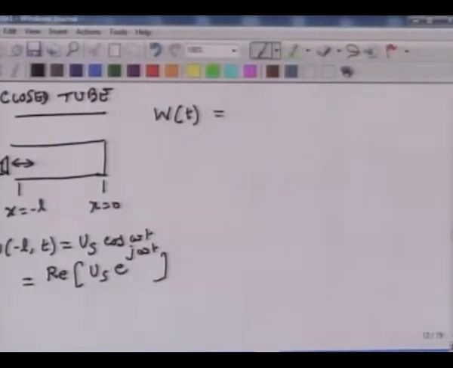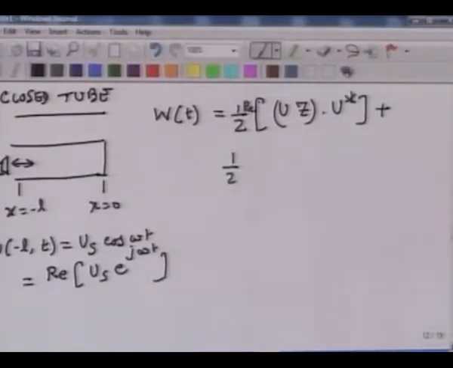So that equals half the real component of U z, that's my pressure, right, times U star, plus the real component of U z, which is the pressure function, times velocity e to the j omega t.